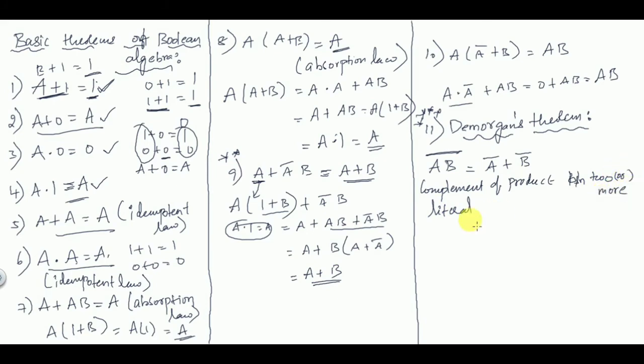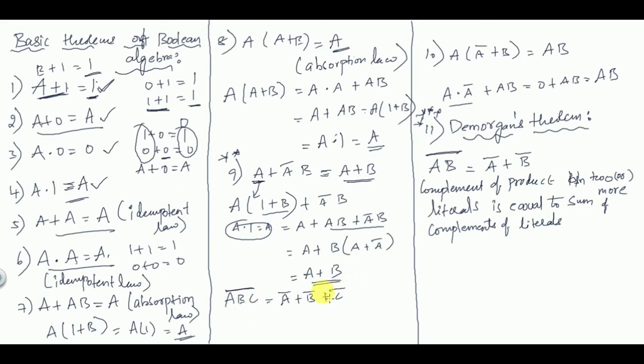is equal to the sum of the complements of the literals. You can extend it to any number of variables. (ABC) whole bar can be written as A bar plus B bar plus C bar.